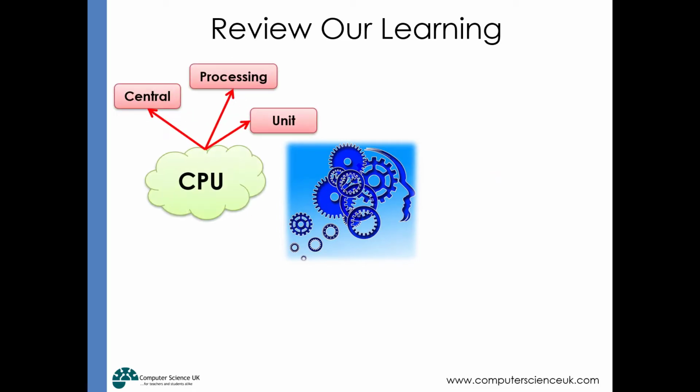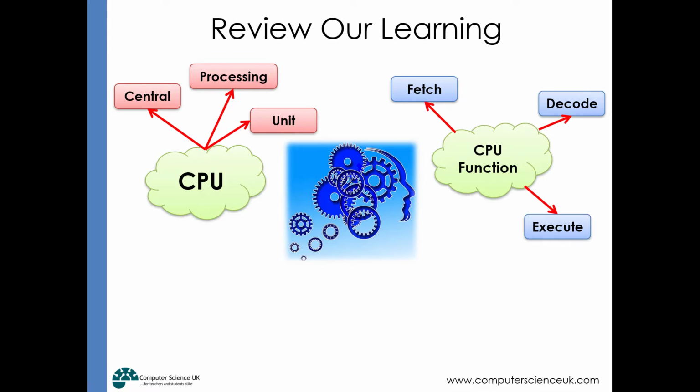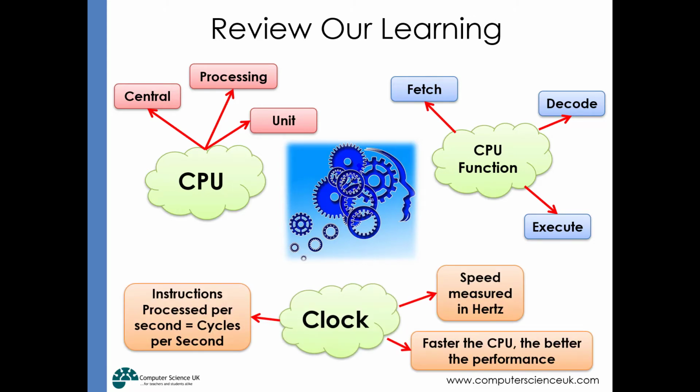Okay, so we've understood that the CPU stands for Central Processing Unit, that the CPU carries out the fetch, decode, execute cycle, fetches an instruction from the RAM, makes sense of it, and executes it, and that the clock speed determines how fast the CPU can work. It's measured in hertz. The faster the CPU, the better the performance. And remember, instructions processed per second is the cycles per second.